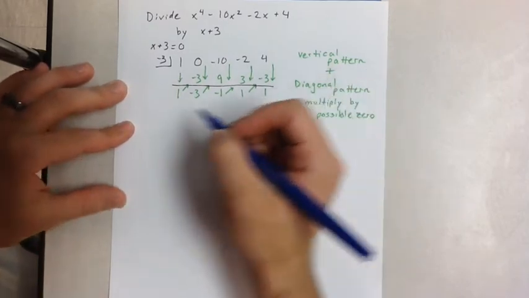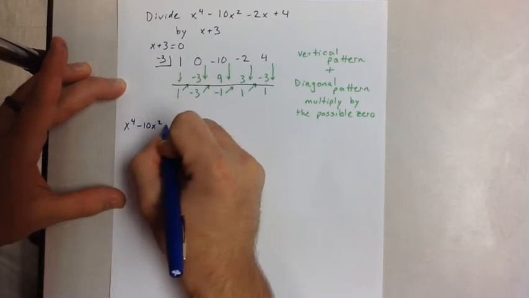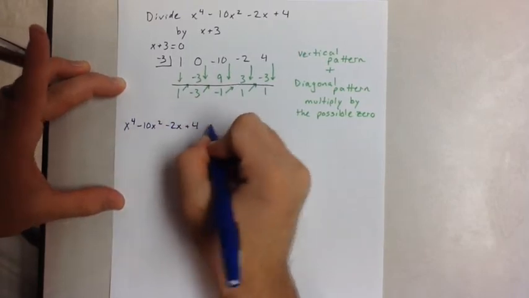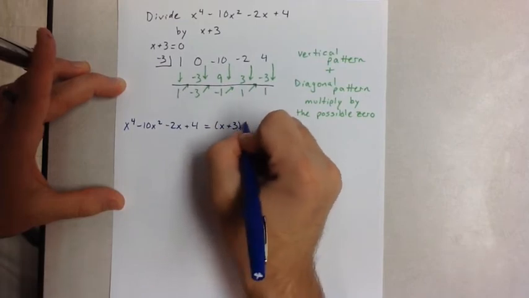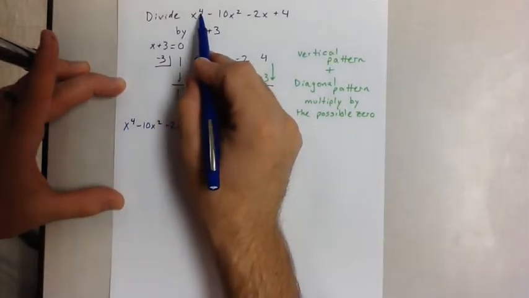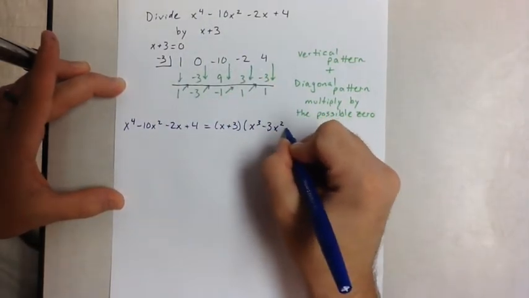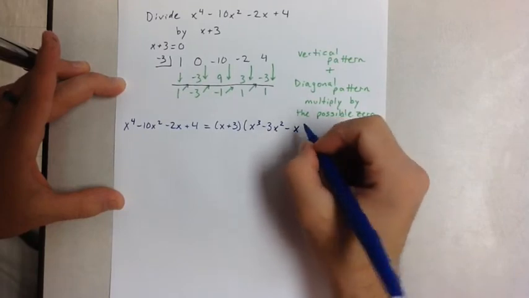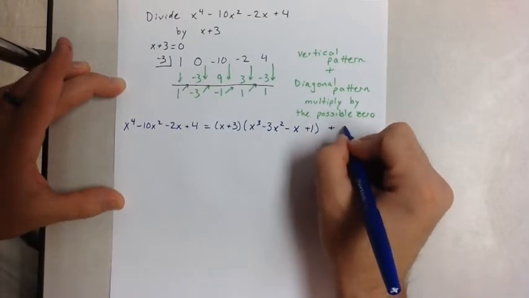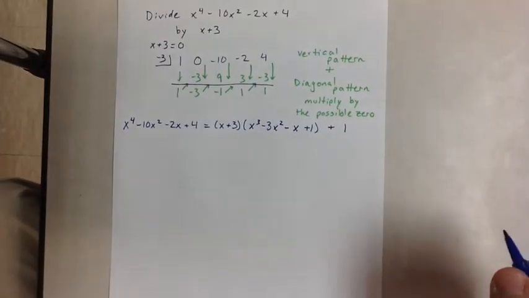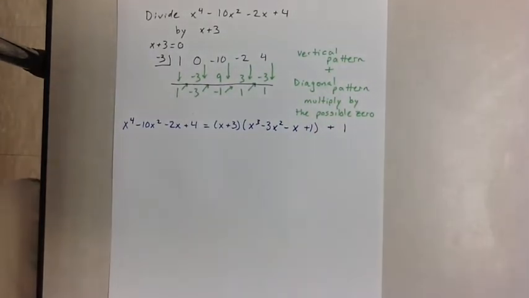So what we would find as our summary is x to the power of 4 minus 10x squared minus 2x plus 4 equals x plus 3 multiplied by 1x cubed minus 3x squared minus x, plus 1, but we still have a remainder, so we have to add our 1 there to the end. So this would be our summary statement, I guess you would call it.